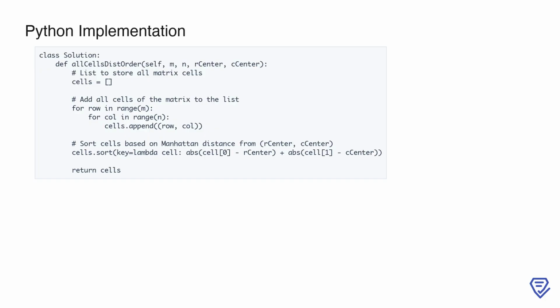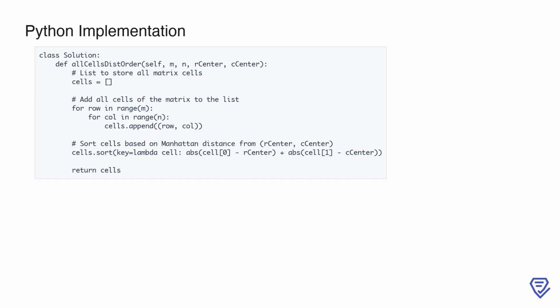2. Generate all cell coordinates. Using nested loops, we iterate through each row and column, col, in the matrix. All valid cell coordinates (row, col) are appended to the cells list. 3. Sort by Manhattan distance. The sort function is used to reorder the cells list based on their Manhattan distance from the center, (rCenter, cCenter).